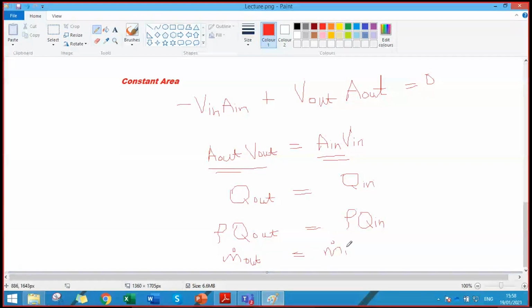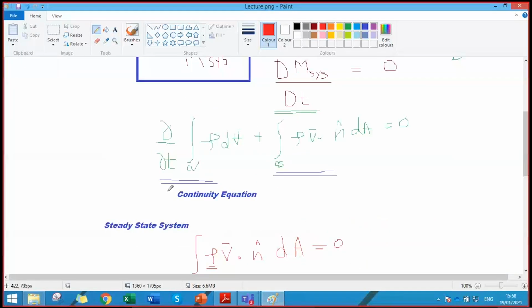So this is the continuity equation for a system that is experiencing steady state flow, where the fluid is incompressible and the area is fixed. It is the most simplified form of the continuity equation which you have been studying your whole life, and this is the most generalized form of the continuity equation, which is considering all the factors that can happen inside a control volume.